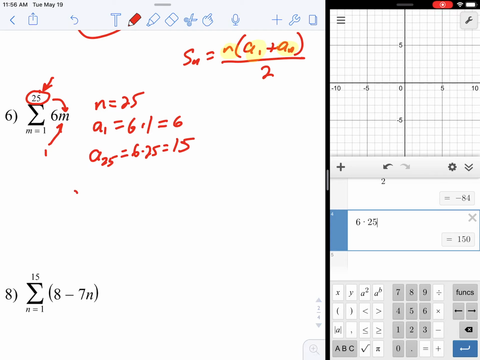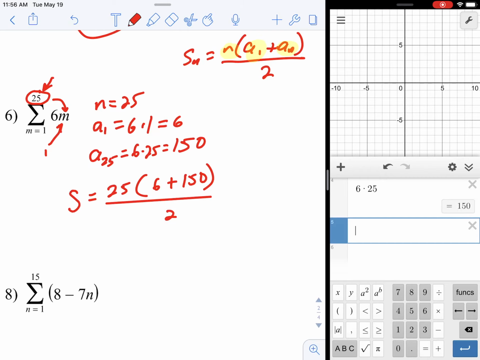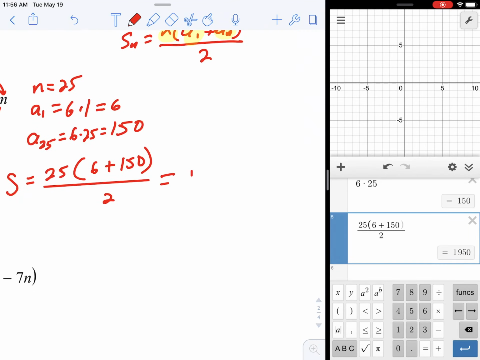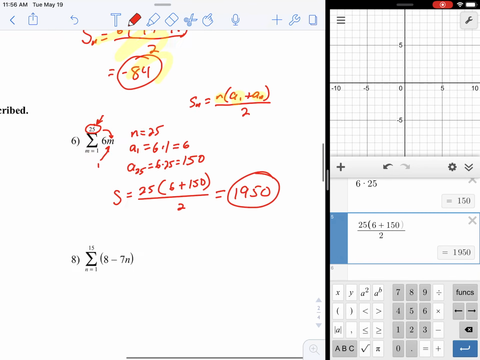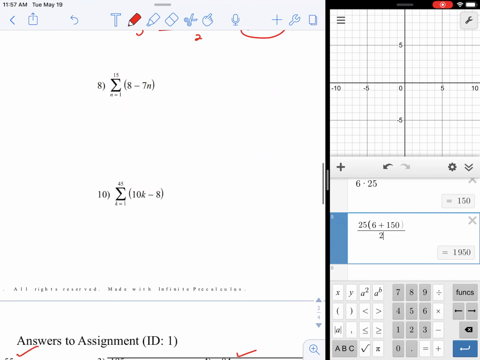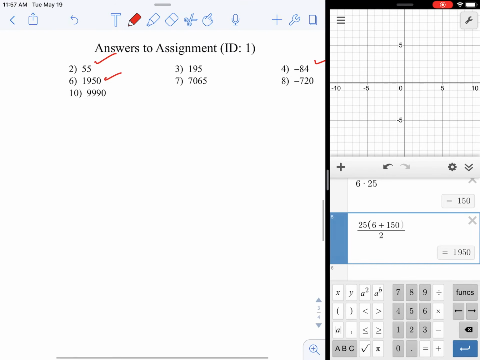So our sum is going to equal 25 times 6 plus 150 all over 2. So fraction bar, 25 times 6 plus 150 all over 2, 1,950. If we're to add all 25 of those numbers together, we should come up with 1,950. And yes, that is correct.